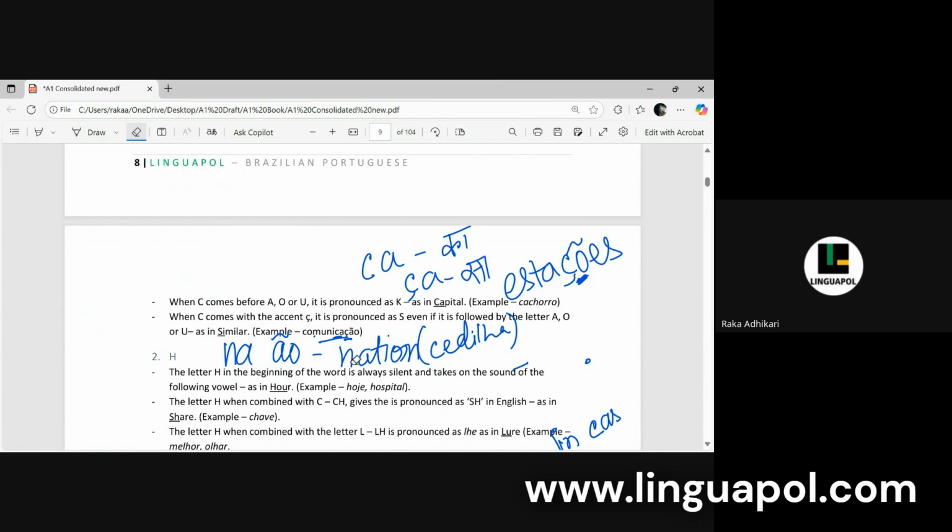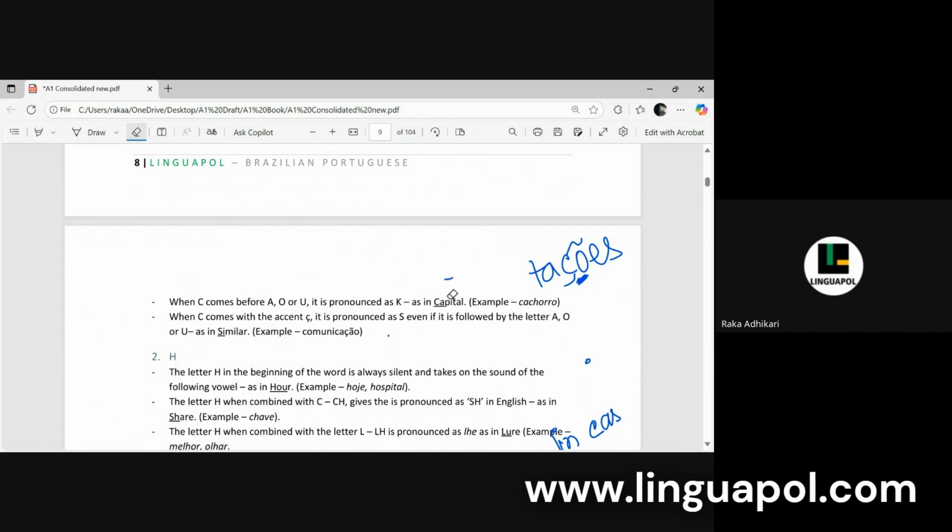Okay. Let's move on to the letter G. Unfortunately, it's not there in your book, but let's discuss the letter G. So the letter G, as you know, we can call it J or G. Both the sounds are correct.